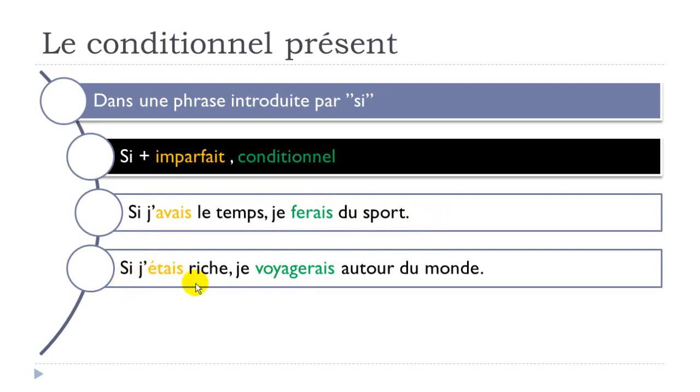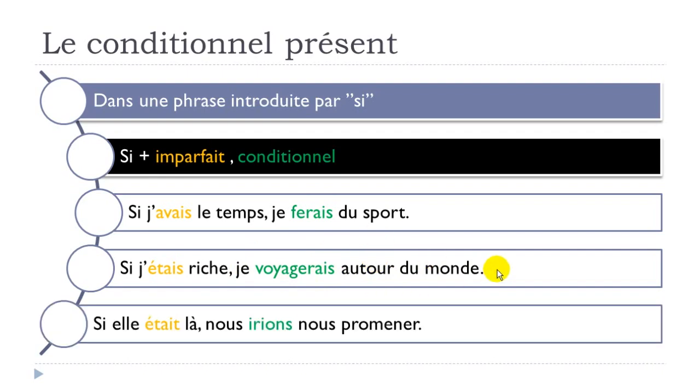Si j'étais riche, rich, être, to be, je voyagerais, voyager is to travel, autour du monde, around the world. And the last one, si elle était là, être, to be, là, here, nous irions, remember it was to go, aller, and it becomes ir, irions, nous promener. Se promener, to have a walk.